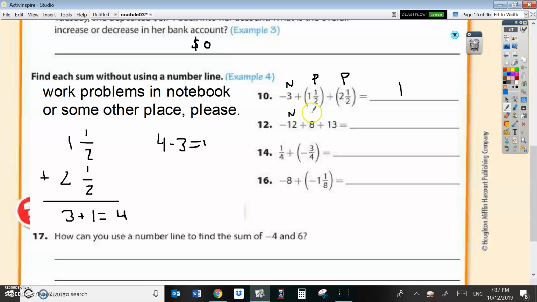Positive, negative, sorry, positive, positive. These two almost cancel. So I'm going to say that this leaves 1 here. So this goes away. This leaves 1 here. 8 plus 1 equals 9.